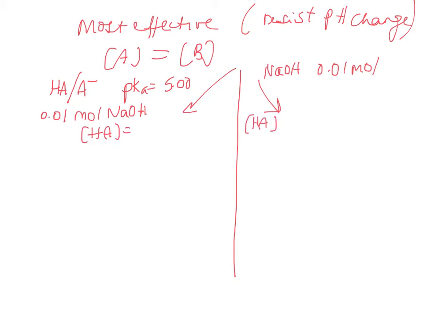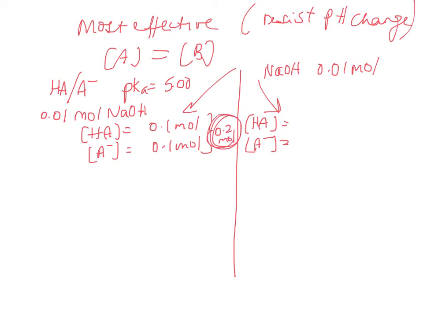Both of the solutions also contain the conjugate base A minus. In the first one you have equal amounts of the acid and the conjugate base, so you can perhaps envision that you have 0.1 moles of the acid and 0.1 moles of the base, so together they are summing up to 0.2 moles total of both the acid and the base.